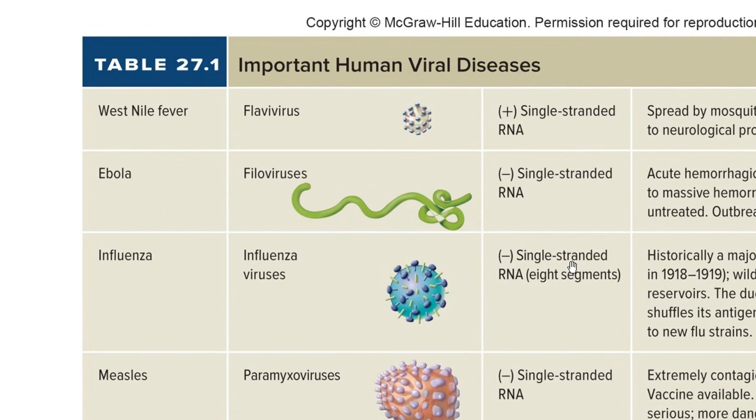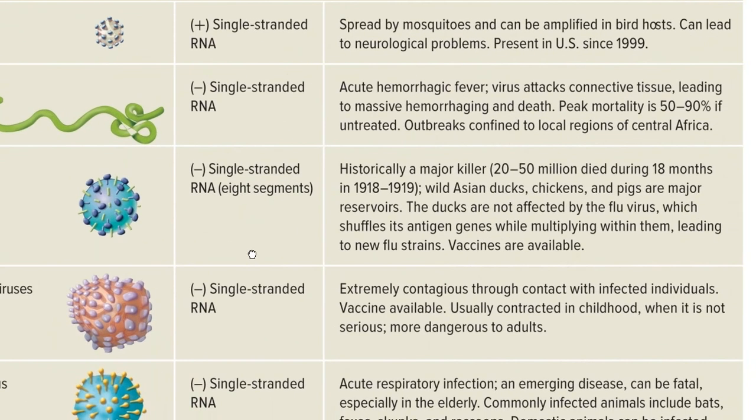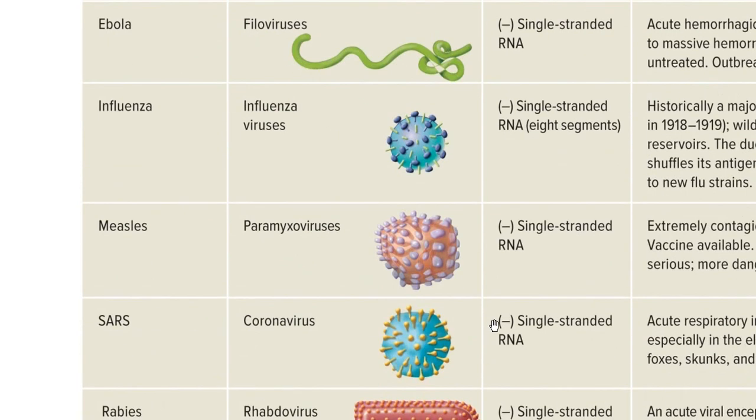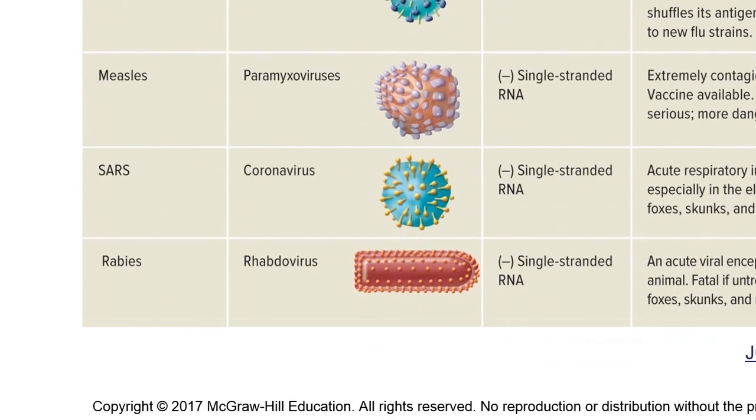Ebola is caused by a negative single-stranded RNA virus, and no vaccine is available. Influenza is a negative single-stranded RNA virus; vaccines are available, and they change every year depending on the yearly circulating viruses. Measles is caused by a group of paramyxoviruses, with negative single-stranded RNA. SARS is negative single-stranded RNA, and rabies is caused by a single-stranded RNA virus.